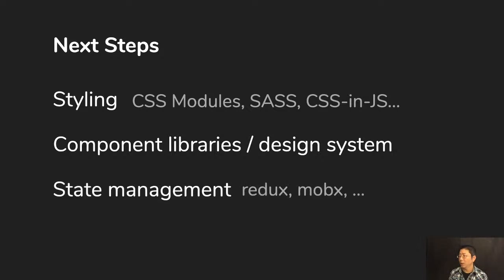And also, for now we don't have a lot of global state going on here. But as it gets more complex, at some point we may need to add state management libraries, Redux, MobX, or maybe XState, which is excellent for handling complex state transitions.